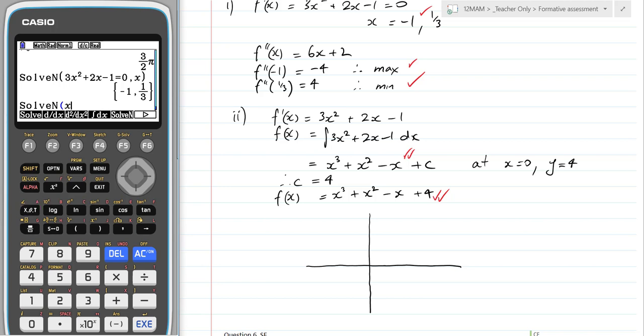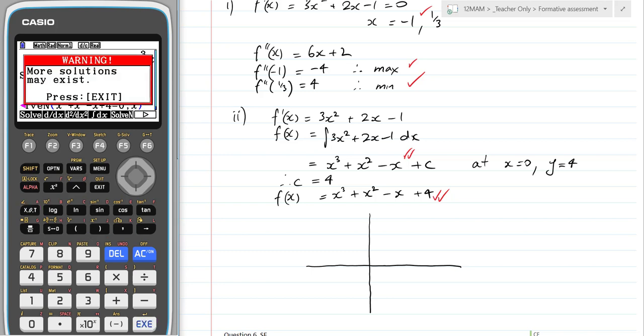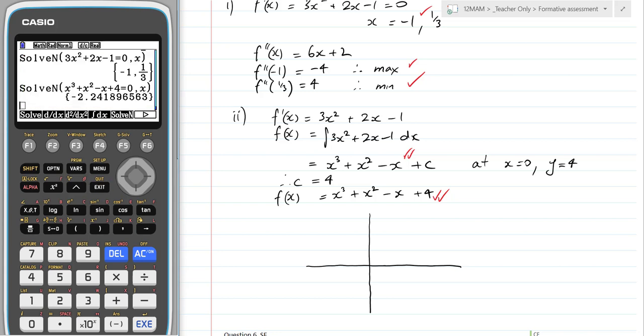So x cubed plus x squared minus x plus 4. I'm going to let y equal 0. That's not what I wanted. Plus 4, shift equals 0, comma, x, close brackets, execute, warning, press exit, and there's my solution.